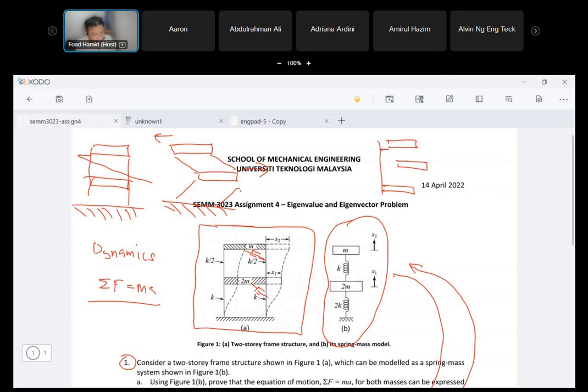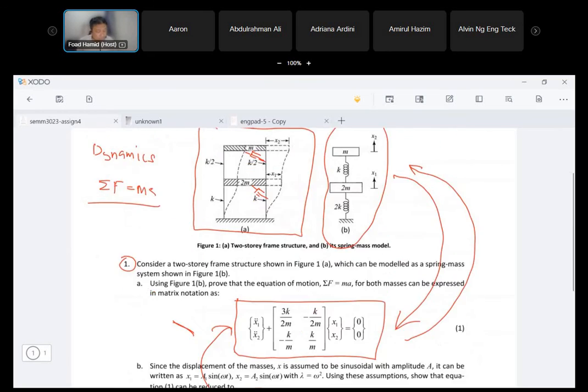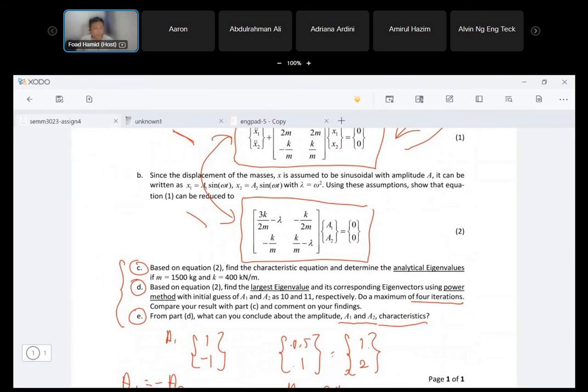So this is x1, this is 2x1, double of this. So this is the movement. This is how you look at the vibration analysis.